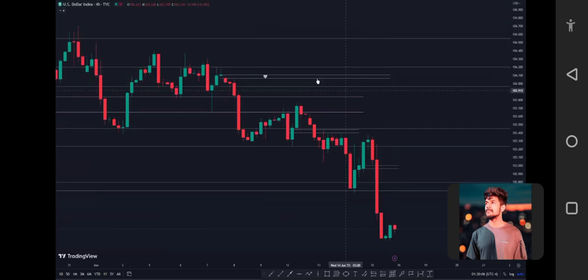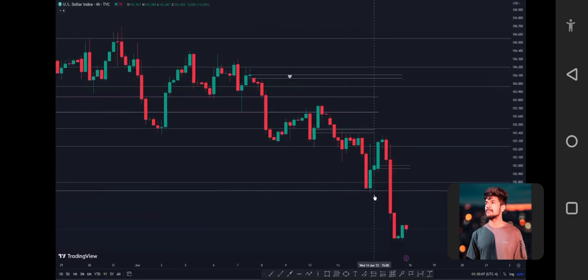In the lower time frames, we can see that this is a mitigation block, and this is a fair value gap, and this just surrounds the consequent encroachment of this fair value gap. Actually, not quite.